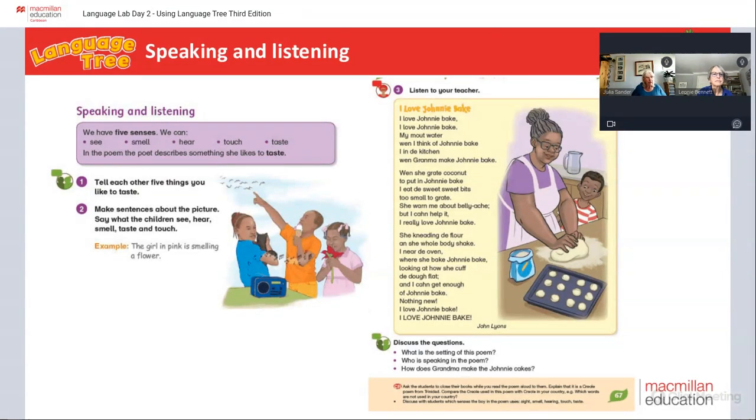Right, just a couple of other examples of speaking and listening exercises. The one on the left is about the 5 senses, and it follows reading a poem. And on the right-hand side, we actually have a poem in Creole. It's in Jamaican Creole, so it will be quite interesting, if you are not in Jamaica, to look at that and compare it to your local Creole.